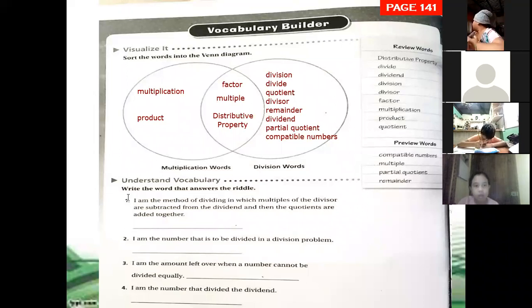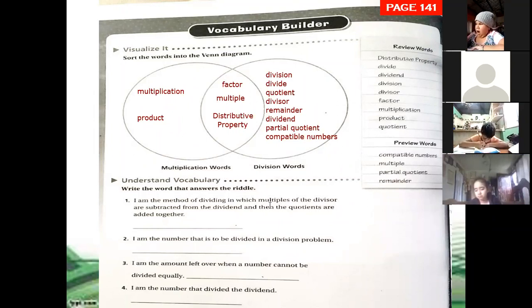The next one says, write the word that answers the riddle. I am the method of dividing in which multiples of the divisor are subtracted from the dividend and then the quotients are added together. This one is called partial quotient.